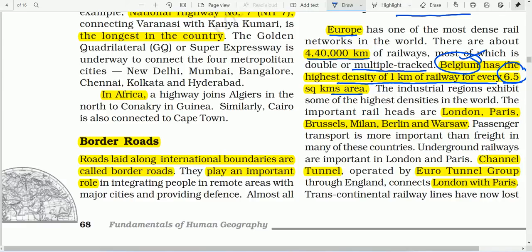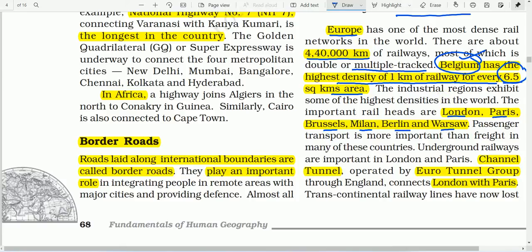You know, for the industrial region, transportation of raw materials and finished goods is done by railways, and that is why generally we find highest densities of railways in the industrial regions of the world. The important railheads in Europe are London, Paris, Brussels, Milan, Berlin, Warsaw.